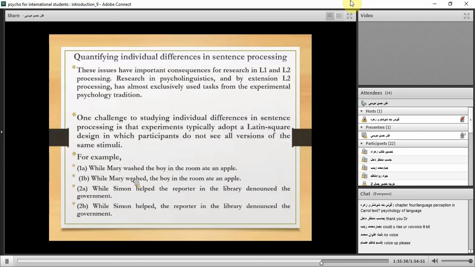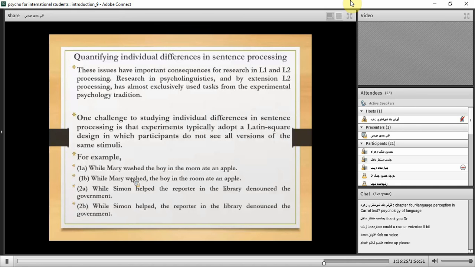So these issues have important consequences for research in first and second language processing. Research in psycholinguistics, and by extension second language processing, has almost exclusively used tasks from the experimental psychology tradition. In psycholinguistic experiments, the researcher typically aims to minimize between-subject variability as much as possible.